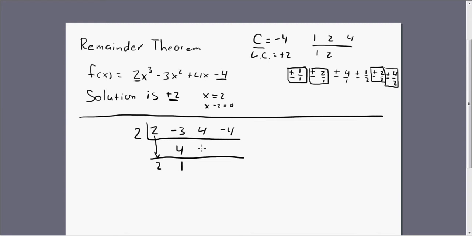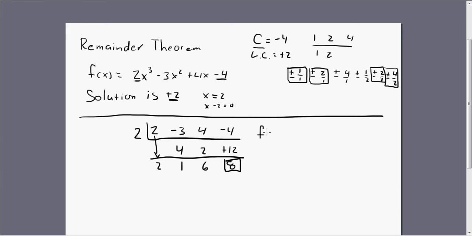2 times 1 is 2. 4 plus 2 is 6. 2 times 6 is 12, and I put this 12 here. And that gives me a remainder of 8. Now, we talked about remainders before in other videos, but here's what the remainder theorem actually means.